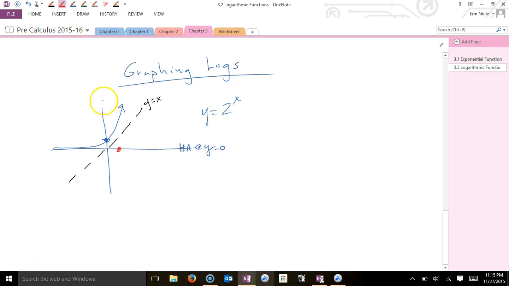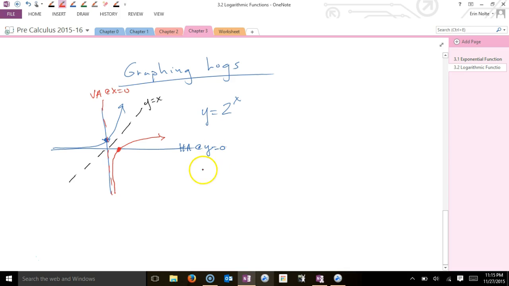Okay, I'm now going to have a vertical asymptote at x equals 0. Okay, and so my function is going to ride this asymptote and curl up and to the right. That's a log. So the red one is a log.